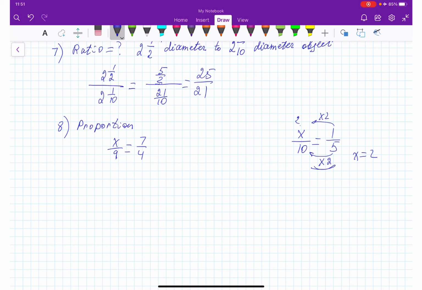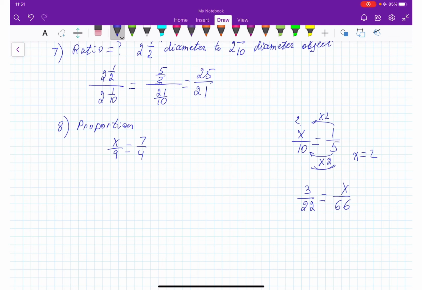Let me take another example. I have 3 over 22 is equal to x over 66.